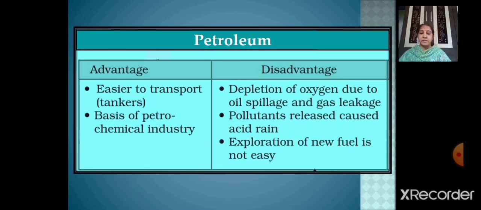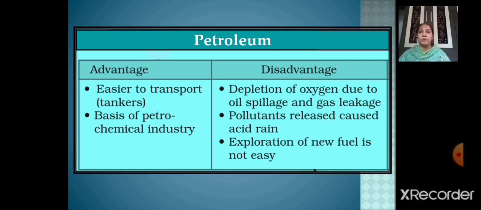Now, let's understand the advantages and disadvantages of petroleum. Among the advantages of petroleum, it is easier to transport through tankers. You all have seen that petroleum is transported through tankers, okay? And it is the basis of the petrochemical industry. Whereas the disadvantages: depletion of oxygen due to oil spillage and gas leakage.